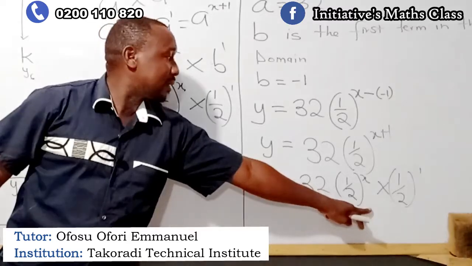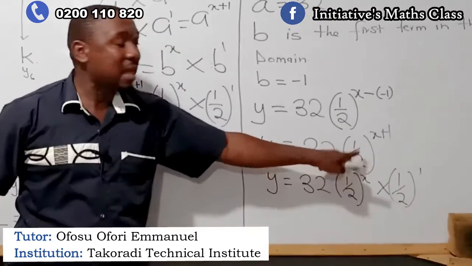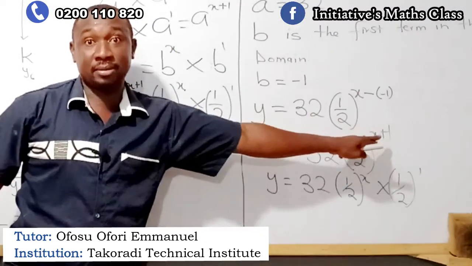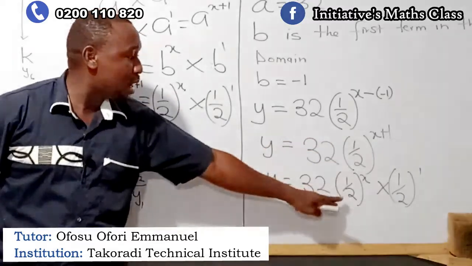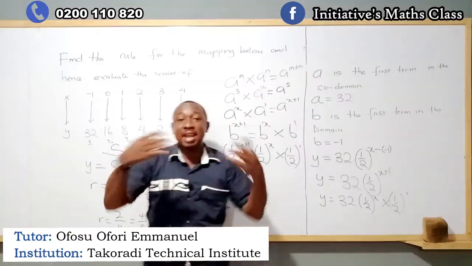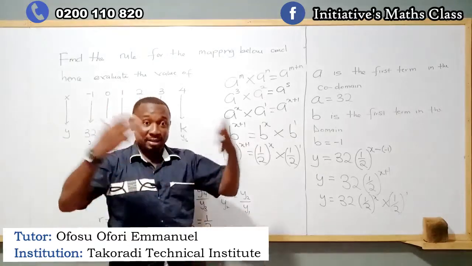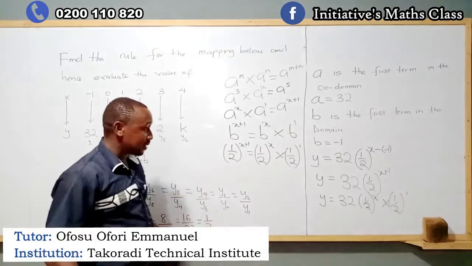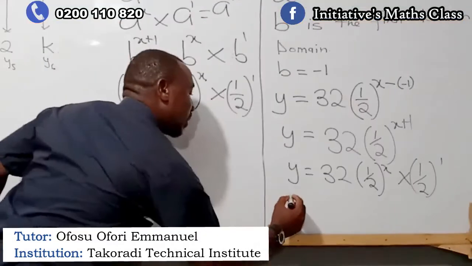Half to the power x times half, because here it was half to the power x plus 1. And any number raised to the power 1 is the same number. If that is the case, then I can write it this way.